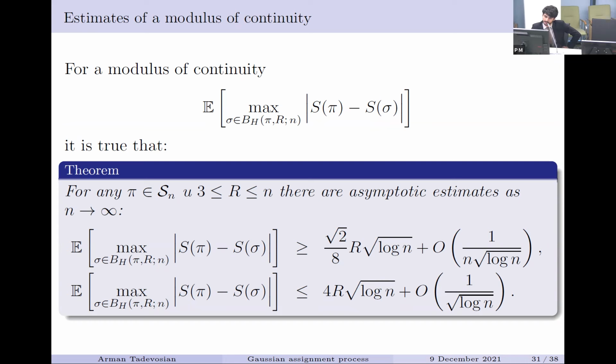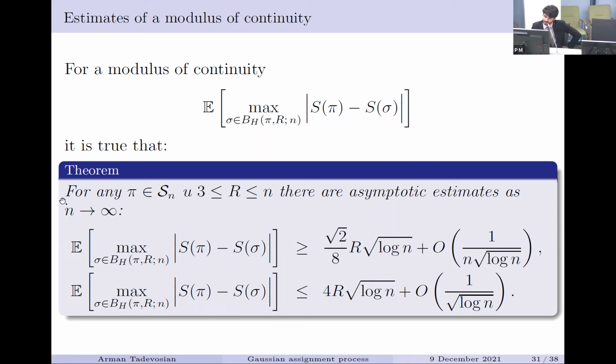For this modulus of continuity, we get that we actually have a two-sided inequality. There, the functional part actually coincides, but these constants are different. And in our further work, we will find the optimal constants in these inequalities.